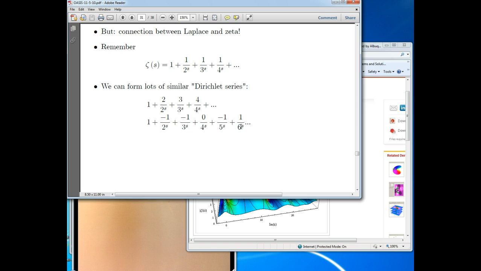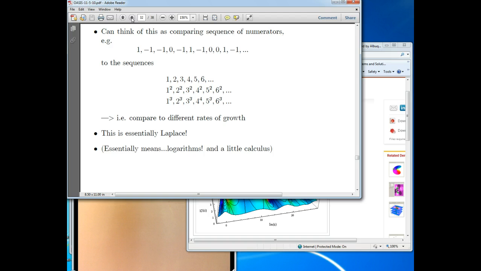I'm not going to tell you the pattern for that, but it turns out there is a pattern and it's a cool one. See if you can guess it just from the first few. It's pretty hard. You can pick any sequence you like of numerators and put them over these special denominators and add them all up. Usually, it'll make sense, at least for most s's. And those are called Dirichlet series.